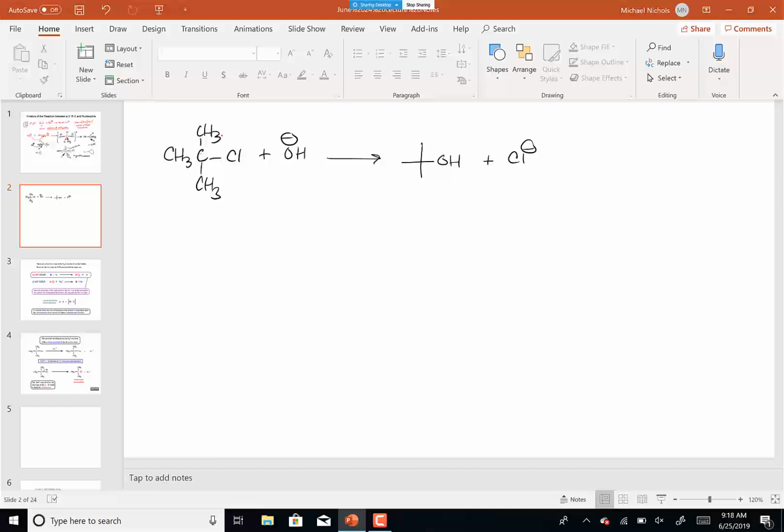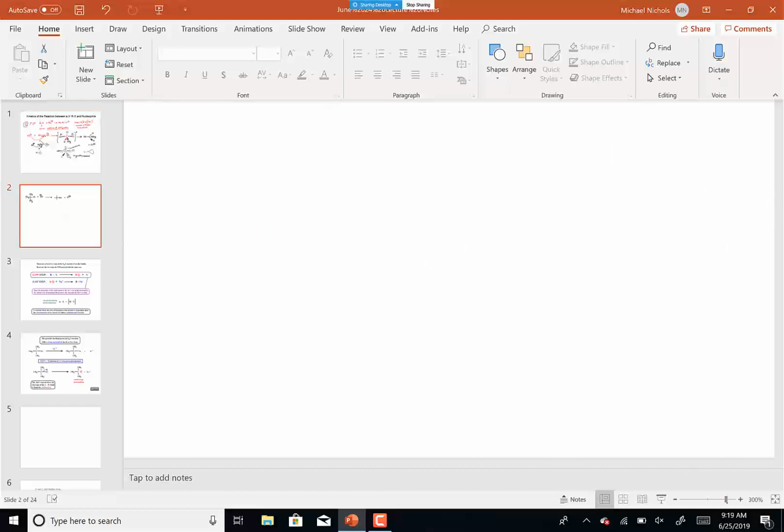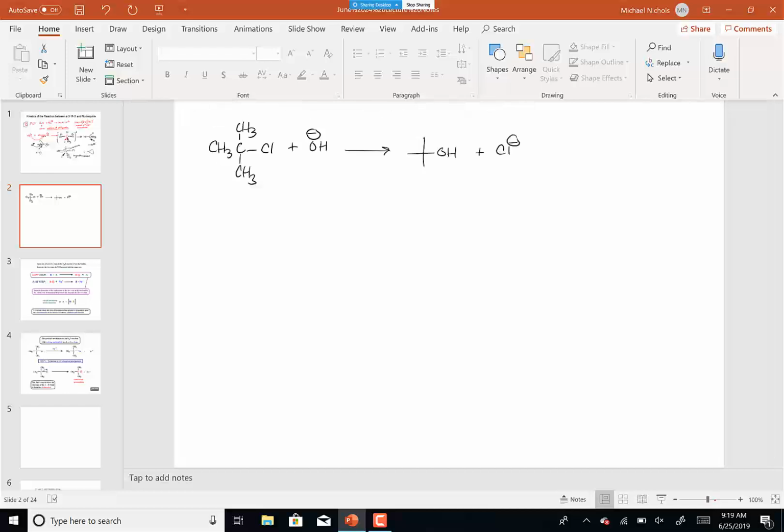But when I looked at changing the concentrations, starting out with 1 molar and 1 molar, I got a rate constant of, let's say, 1.